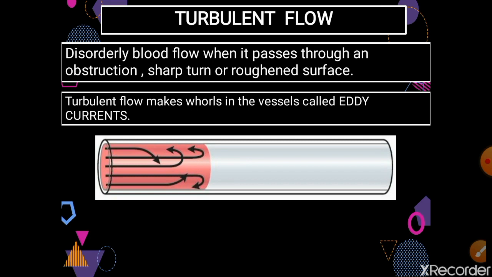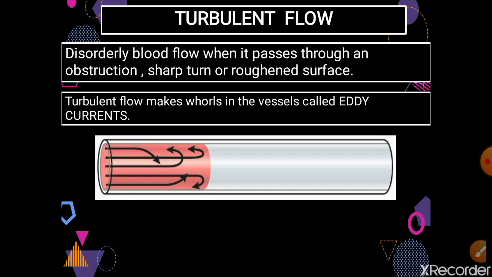To understand this concept, let's look at this picture. As can be seen in this figure, the blood is not flowing in a straight line like that in the laminar flow. In fact, the blood is moving in all directions in a haphazard manner.